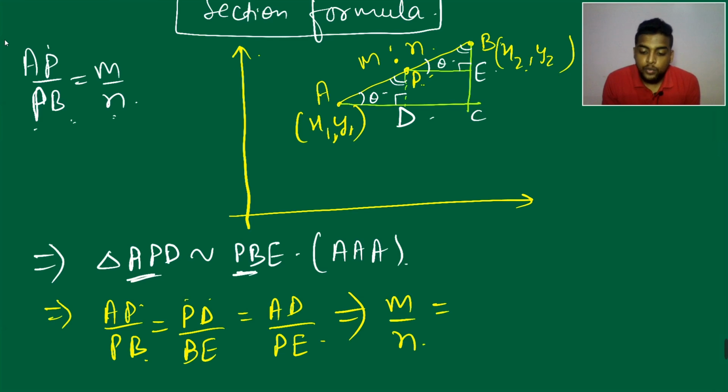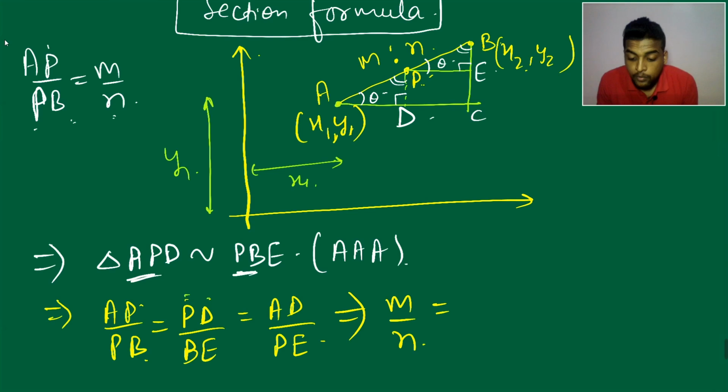Everyone, what is PD? If you have followed my previous lectures, there we discussed the Cartesian system. From the Cartesian system, we know what this is: this is x1, and this whole length is y1. Then what do we need? PD.